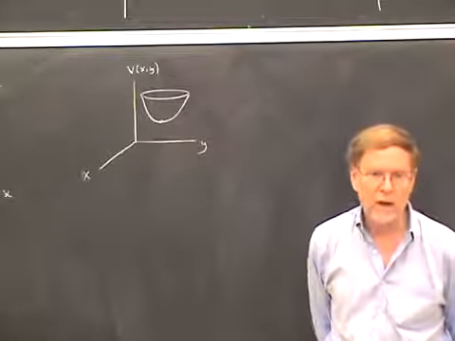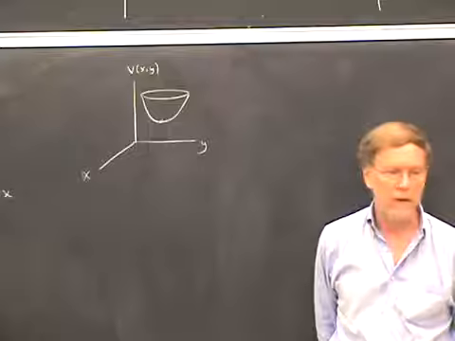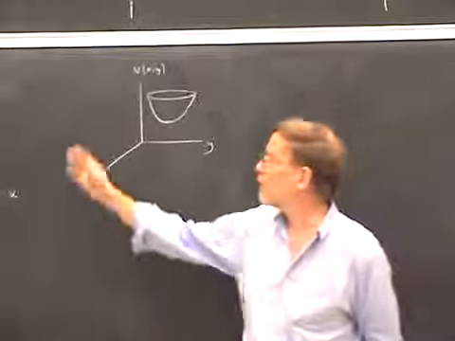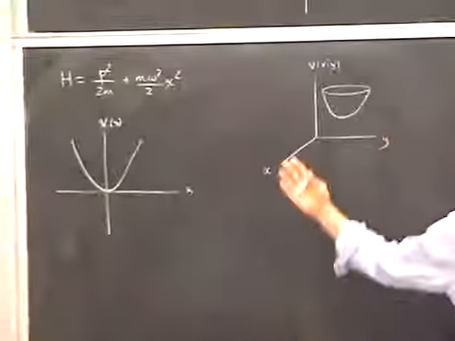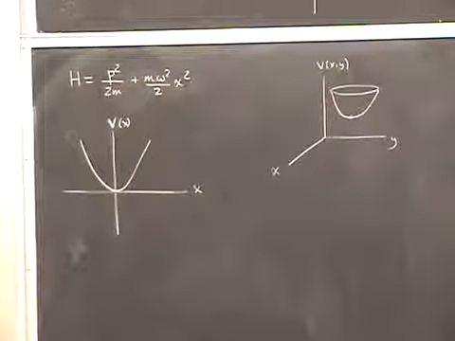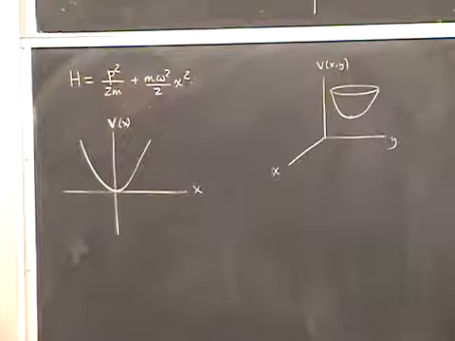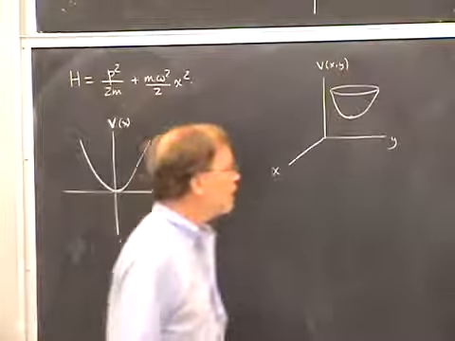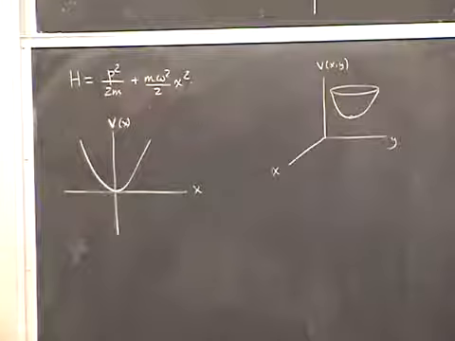Actually, this could be considered a classical problem, finding those normal modes. But once you find them, then each one of them becomes a single one-dimensional harmonic oscillator, which is quantized by the methods I will present in a moment. So, although we'll be dealing with just a one-dimensional problem, it's actually applicable to multi-dimensional problems also.